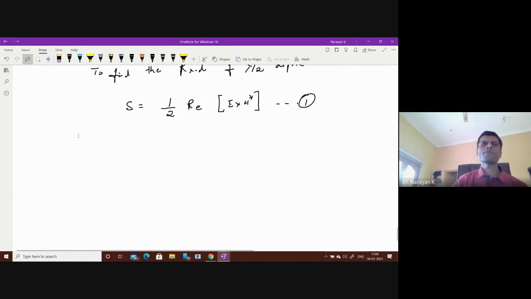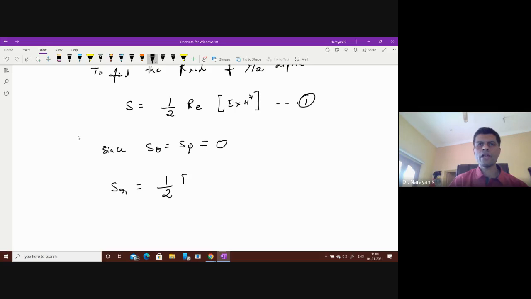The first few steps are exactly the same for the radiation resistance of the short dipole and the lambda by 2 dipole. Write down, since S theta equals S phi equals 0, therefore S_r, the radial component of the Poynting vector, is given by half of real part of E theta into H phi conjugate.